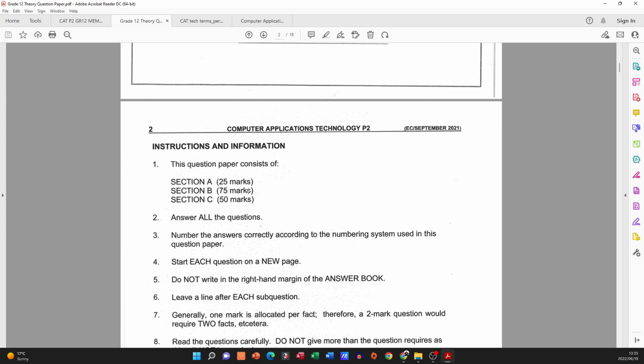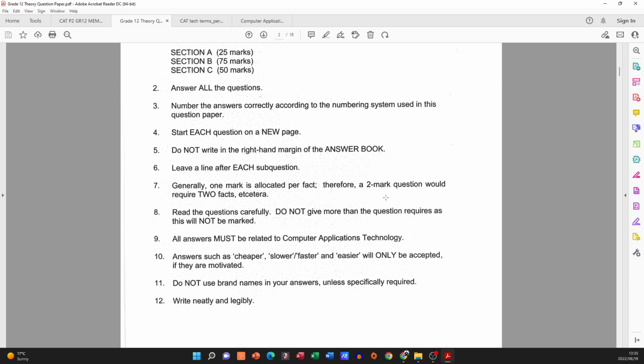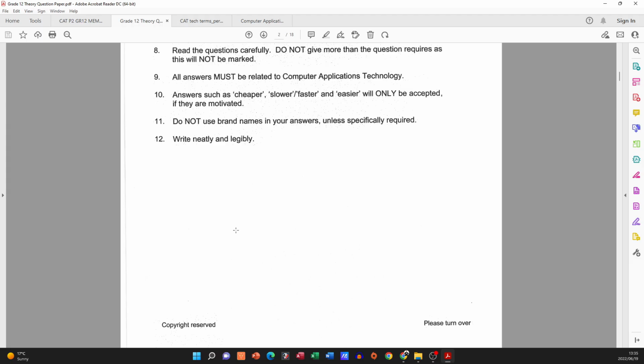Section B, 75. It's exactly what we said. And then section C, 50 marks. And there they're saying, start each question on a new page. Leave a line after each sub question. 1 mark per fact. These are all things we just spoke about. Answers such as cheaper, slower, faster will only be accepted if they are motivated. Guys, this is exactly what we just said.